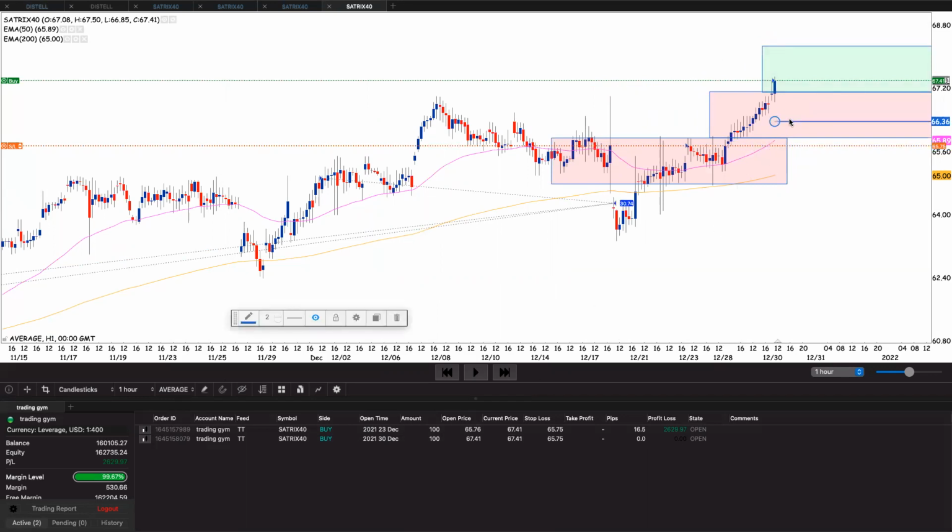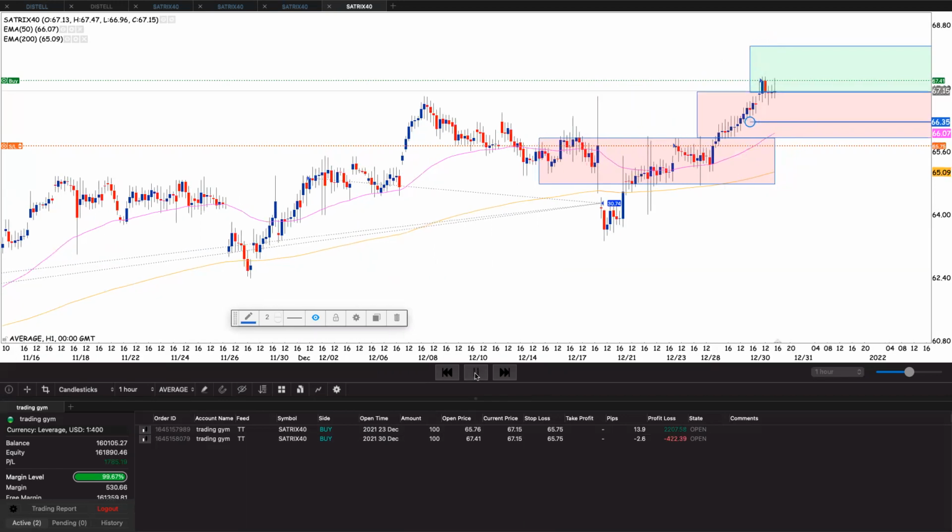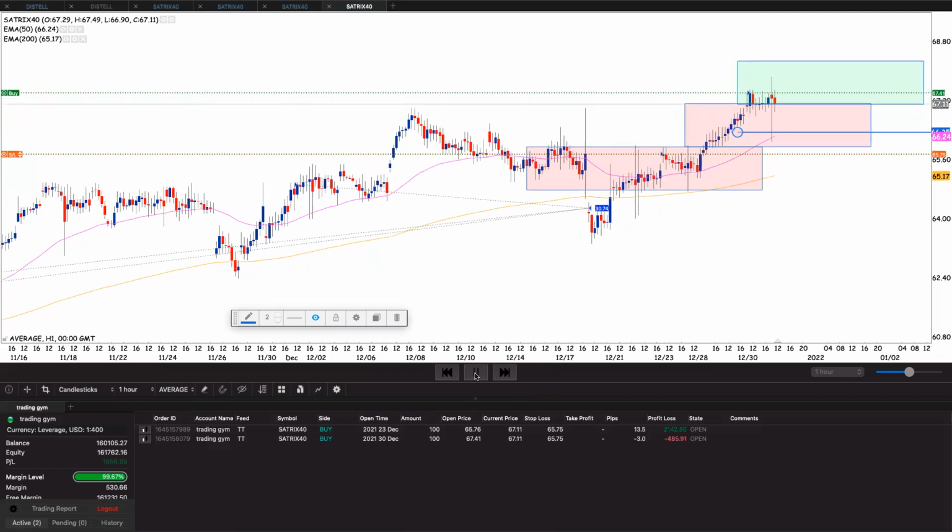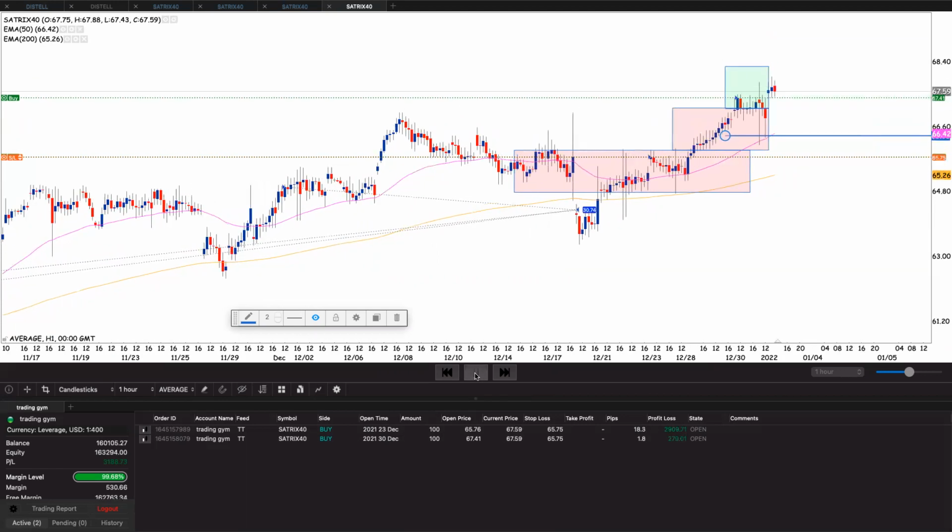Now the next time I want to raise my stop, I want it to be in this box. So let's go back, 50-day holds.